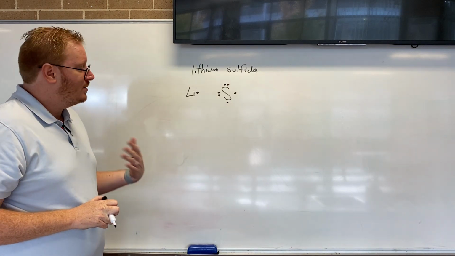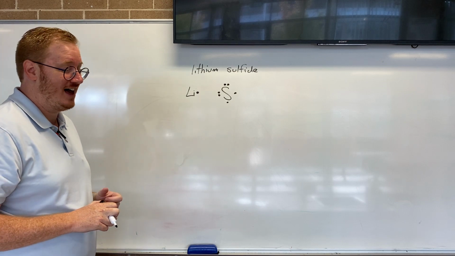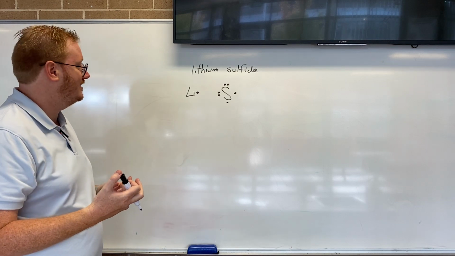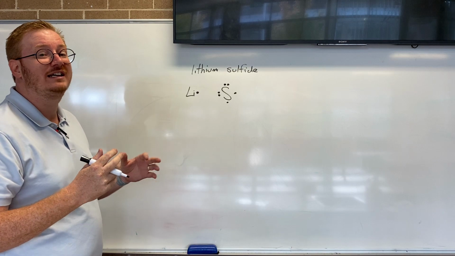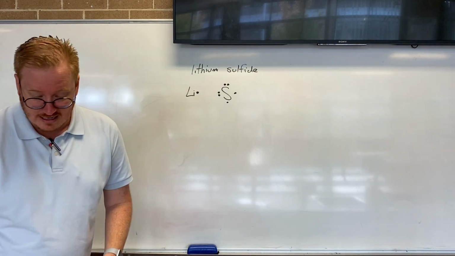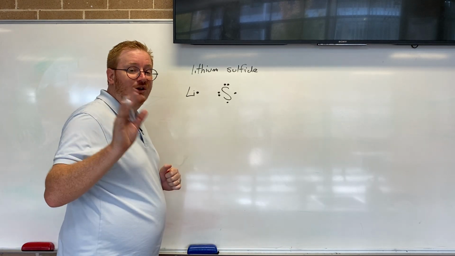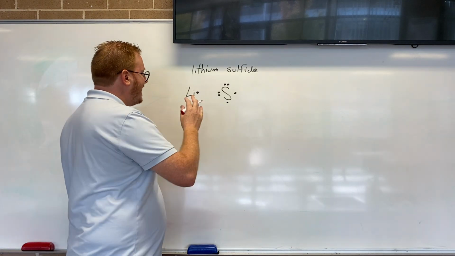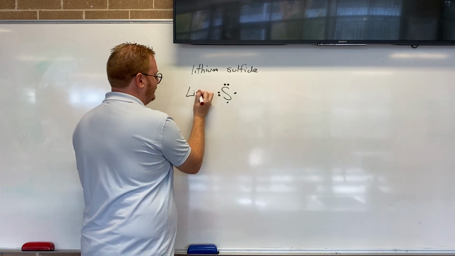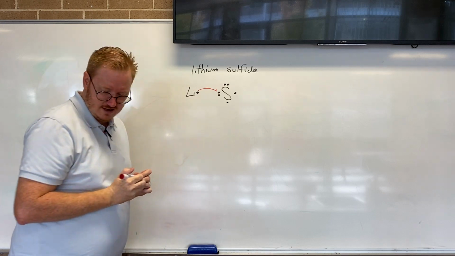With ionic bonding, we've learned that the more electronegative atom will take the electron off the other, less electronegative one. So sulfur, because it's more electronegative, it's closer to fluorine, will take an electron off lithium. Okay? 1 electron will move across.